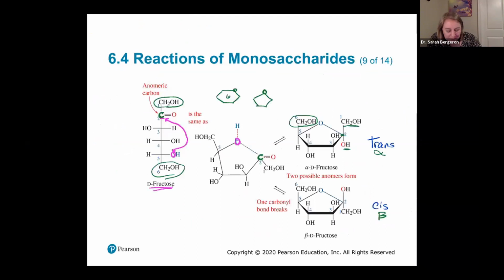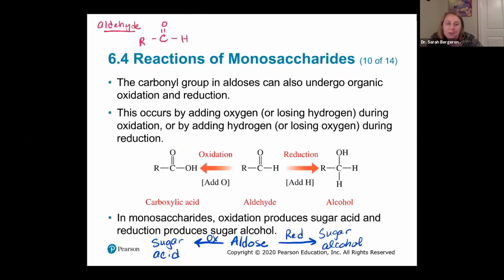Okay. All right. So the next kind of reaction we're going to talk about are oxidation reduction reactions. So remember your aldehyde. There are sugars with an aldehyde. We call those aldoses, right? Just telling us it's a sugar. Those can undergo oxidation reduction reactions.